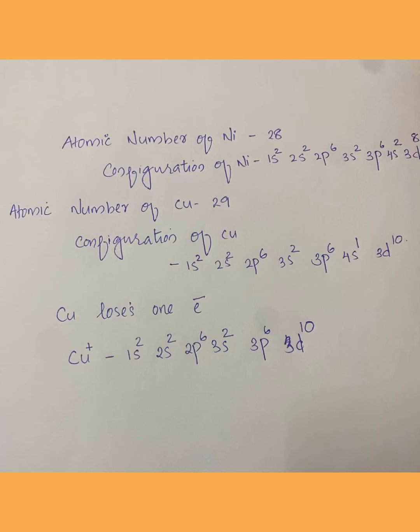The atomic number of nickel is 28 and the subshell configuration is 1s2, 2s2, 2p6, 3s2, 3p6, 4s2, 3d8. Atomic number of copper is 29 and subshell configuration is 1s2, 2s2, 2p6, 3s2, 3p6, 4s1, 3d10. Cu plus means copper lost the 4s electron, having configuration 1s2, 2s2, 2p6, 3s2, 3p6, 3d10.